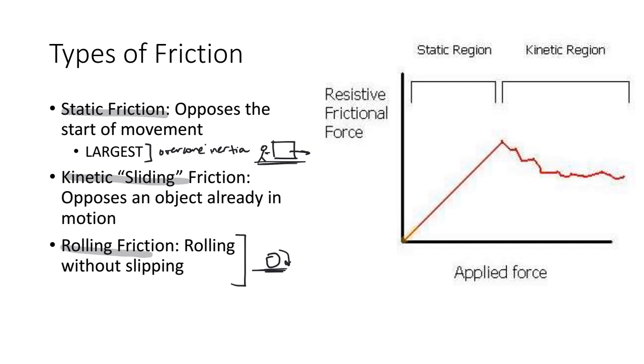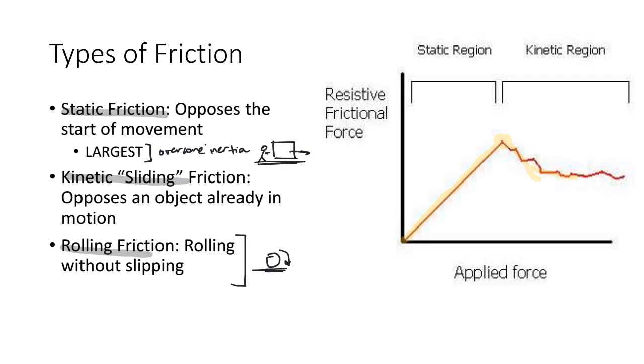And you can see that in this graph of the motion, that as you push, this is the static region. And you can see at this point right here at the top is where the object will start to move. After it has hit this static friction, you can see that the graph then decreases significantly.